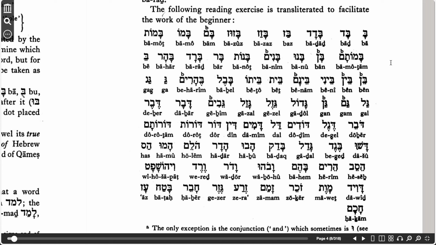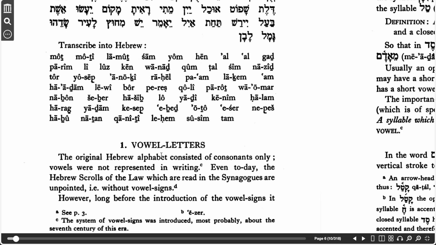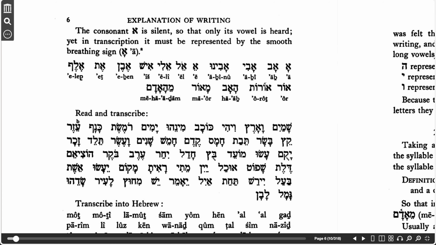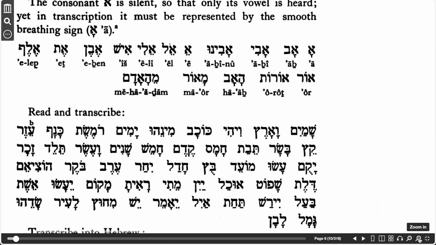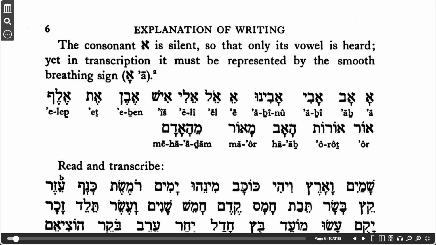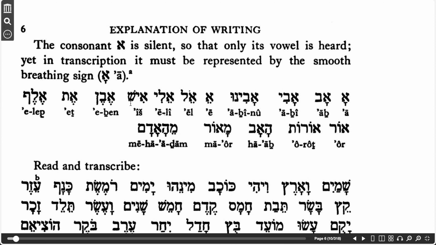So now, let me go to the next page. So, the consonant, zoom in just a little bit more. The consonant aleph, I want to say alpha, I get my Greek confused sometimes. Aleph. The consonant aleph is silent, so that only its vowel is heard, even though it is a consonant. Yet in the transcription, it must be represented by the smooth breathing sign.